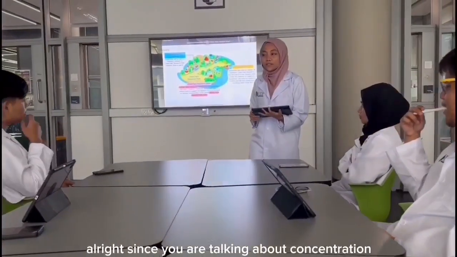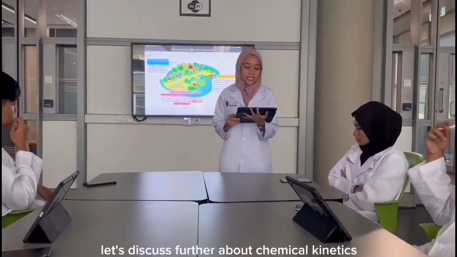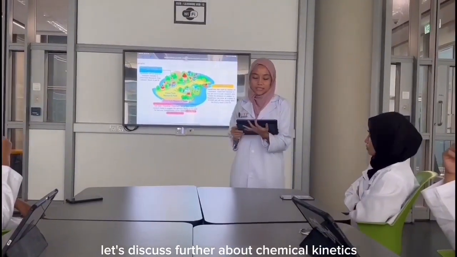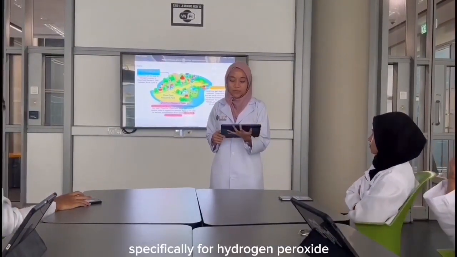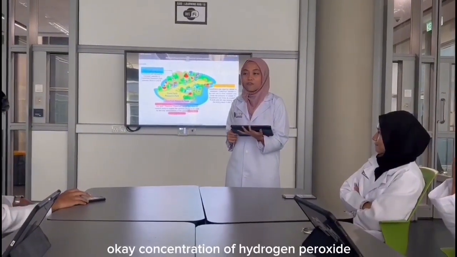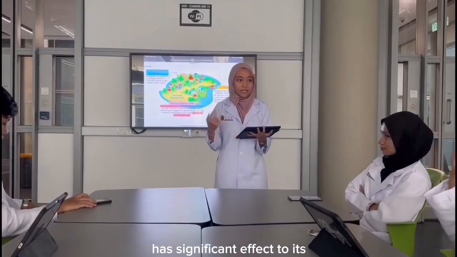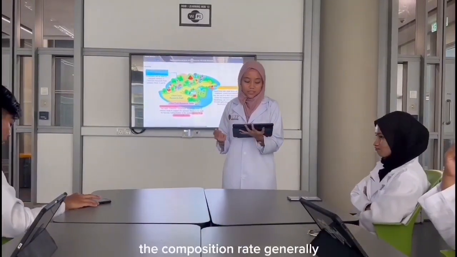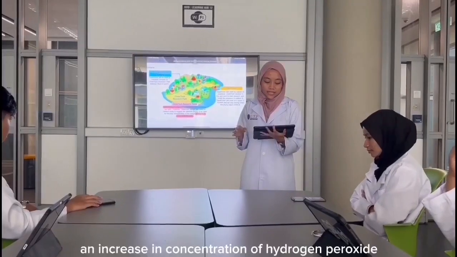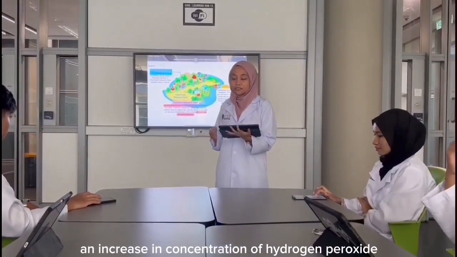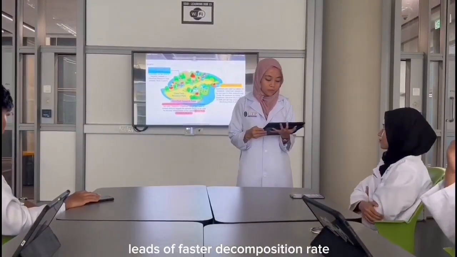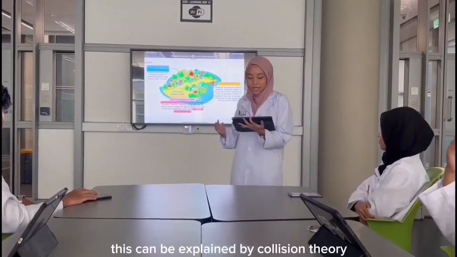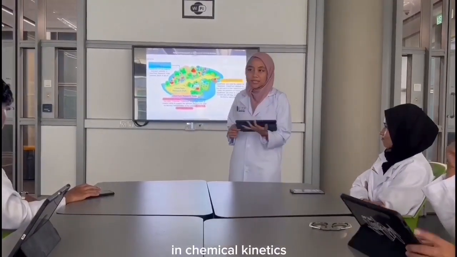Alright, since you are talking about concentration, let's discuss further about chemical kinetics, specifically for hydrogen peroxide. The concentration of hydrogen peroxide has a significant effect on its decomposition rate. Generally, an increase in concentration of hydrogen peroxide leads to a faster decomposition rate. This can be explained by collision theory in chemical kinetics.